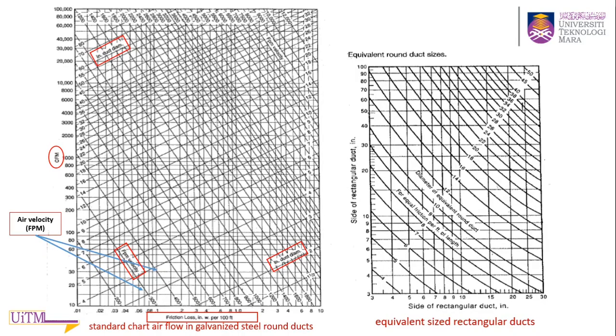The value for diameter can also be located here and at the equivalent size rectangular duct chart also. Now, for the rectangular size duct, the value for height and width can be read at the respective X and Y axis.